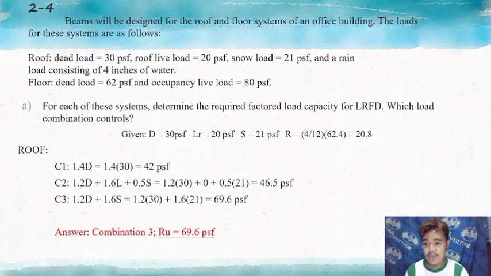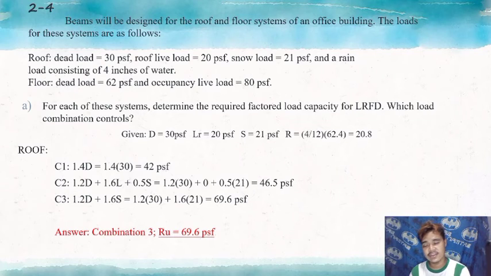For our first question, for each of these systems, determine the required factored load capacity for our LRFD. For our LRFD, which load combination controls? For our roof, we're gonna use the first combination, which is 1.4D, which is equal to 1.4 times 30 is equal to 42 PSF. For our combination 2, 1.2D plus 1.6L plus 0.5S is equal to 1.2 times 30 plus 1.6L plus 0.5 times 21, which is 46.5 PSF.